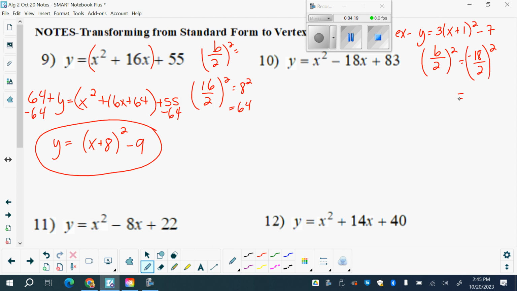Ashley, what does that give us? Okay, so we have y equals x squared minus 18x, and then inside, we're going to add an 81. And then what are we going to do to offset that adding 81?